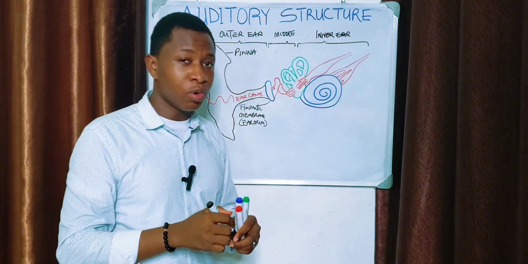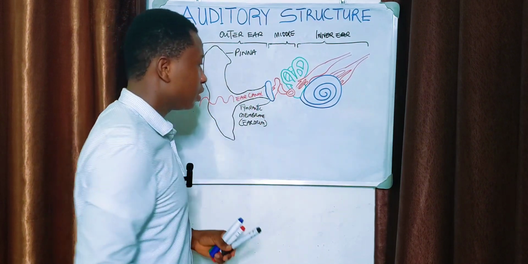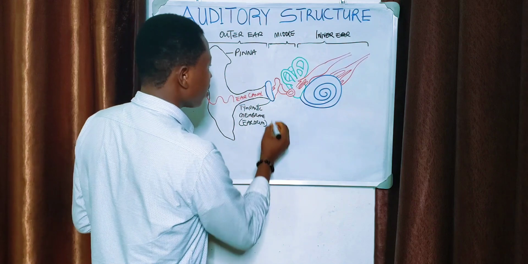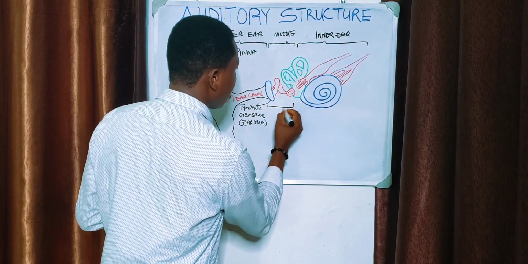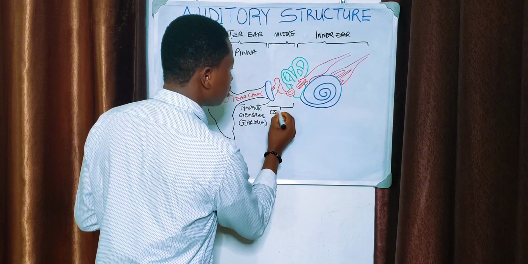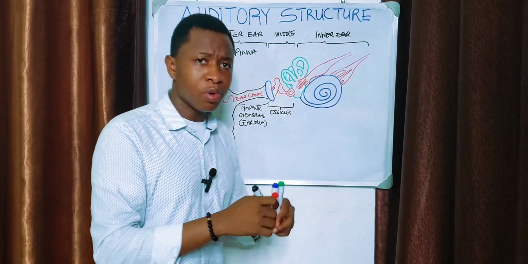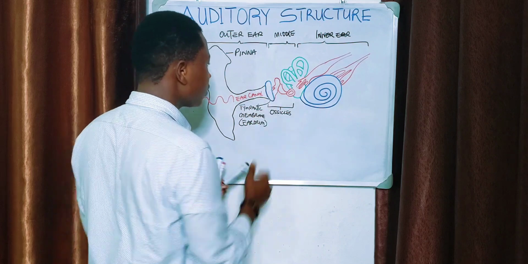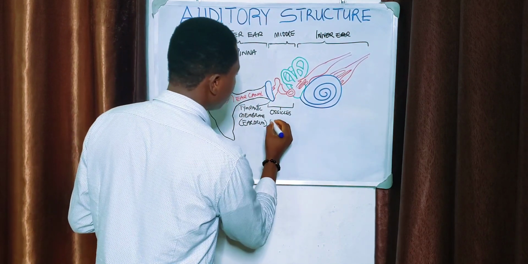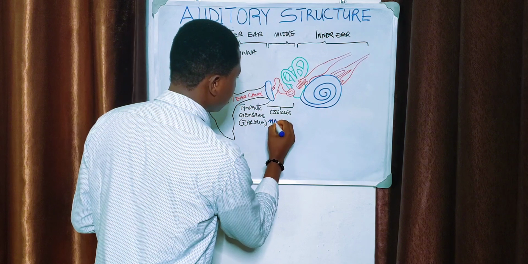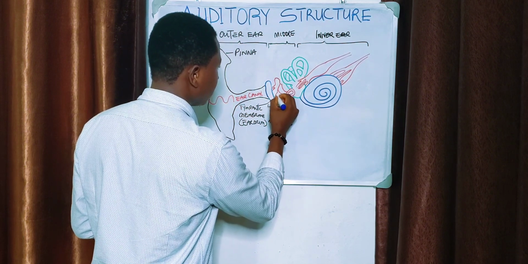Now we have these other structures. These are tiny bones, and as a matter of fact, they are the tiniest bones in the body. Collectively they are known as the ear ossicles. And what are the three bones? The first one is called the malleus, which is this one.